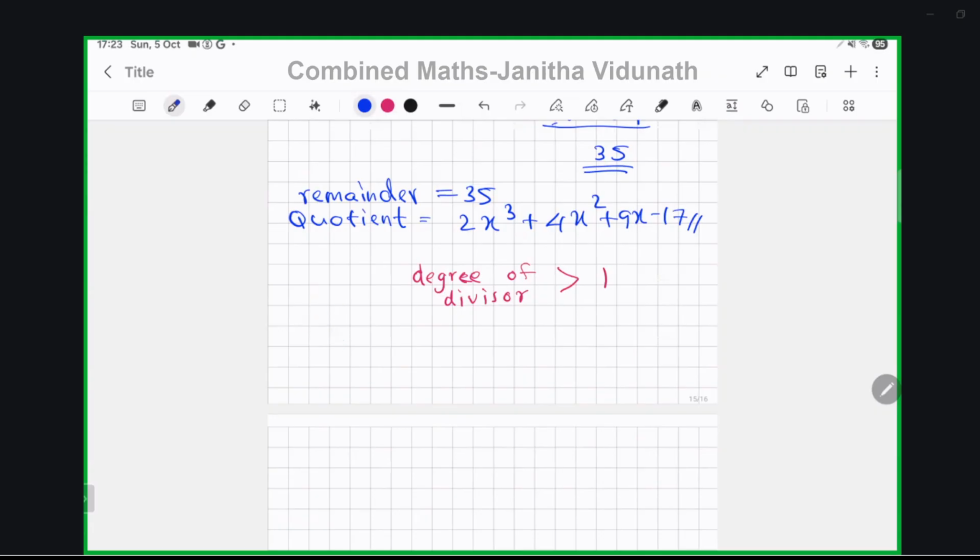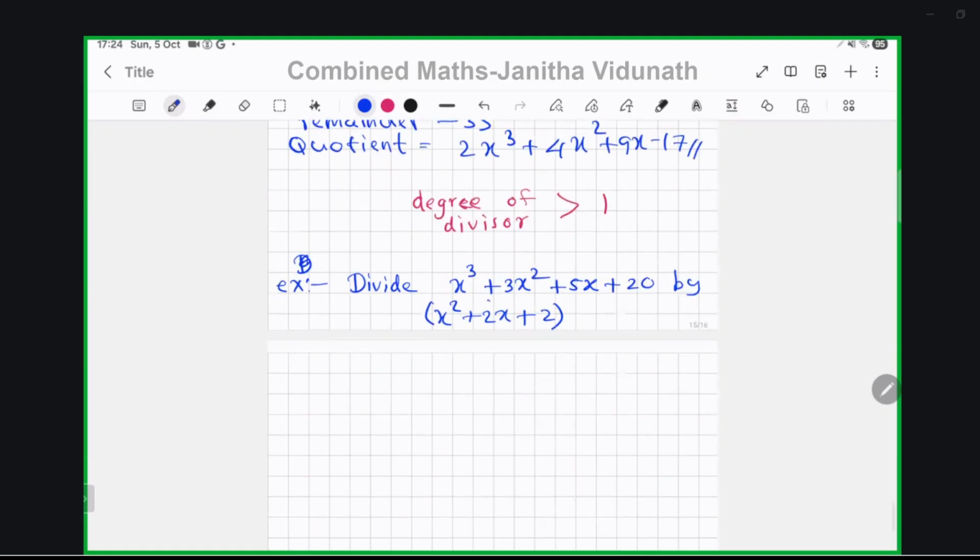Let's say, example: divide x cube plus 3x square plus 5x plus 20 by x square plus 2x plus 2.